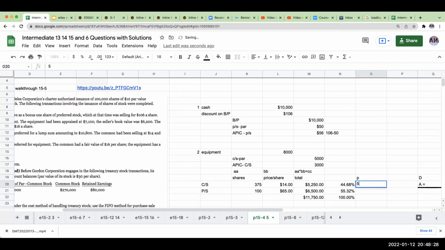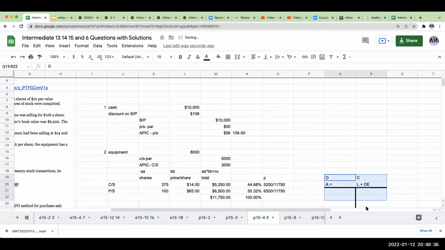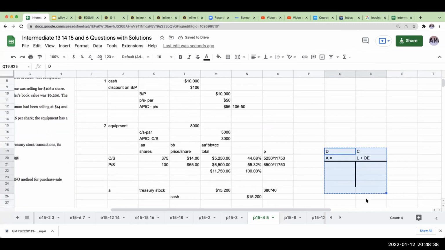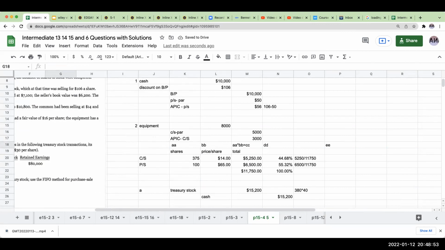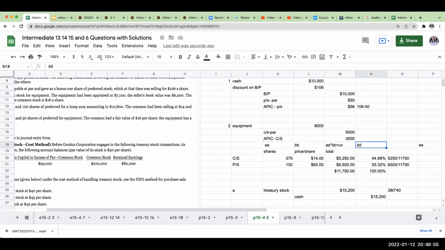So this is 5,250 divided by 11,750. This is 6,500 divided by 11,750. So what I'm now going to do is take the amount of the purchase price, basically the lump sum.